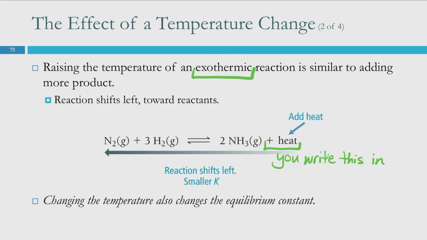So if we know it's an exothermic reaction, heat's a product, and it's just the same as our concentration change. So if we add heat to the reaction, it shifts to the left, towards the reactants. We also have the fun side effect of the equilibrium constant changing.